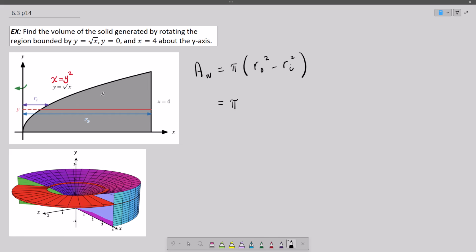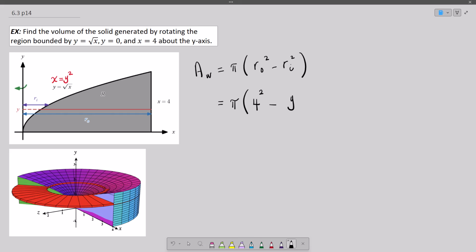We look to our outer radius. That distance is 4. That's the x value there. This x distance is 4, and it doesn't matter where you draw this representative radius, you have a constant of 4. So that is what's going to drop in here for the outer radius. And then for the inner radius, we want this x distance. The value of the x distance right there is y squared.